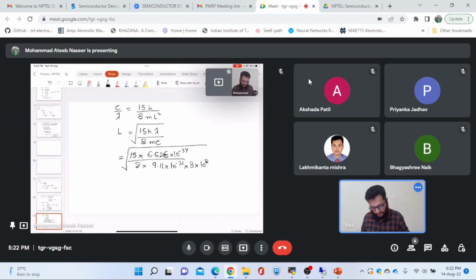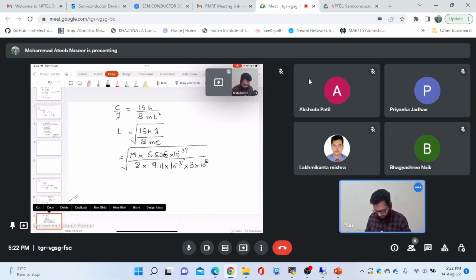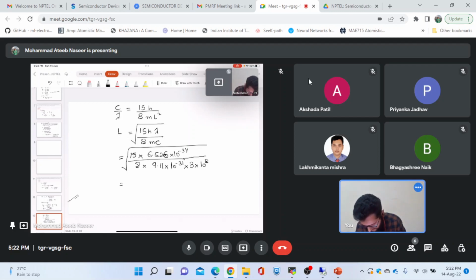Now let me calculate it. It comes out to be equal to 9.5007 into 10 raised to power of minus 20.